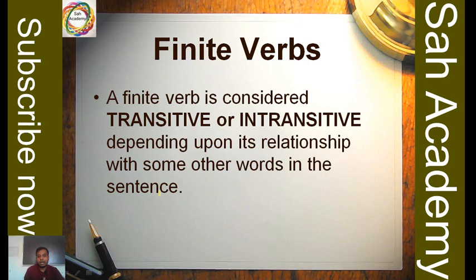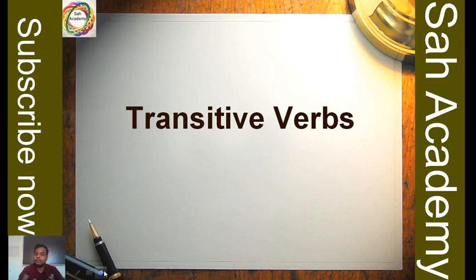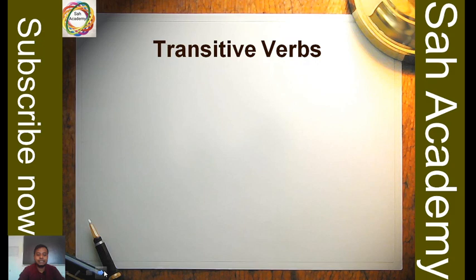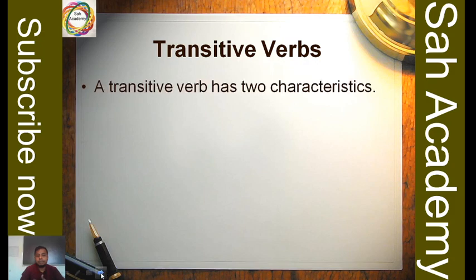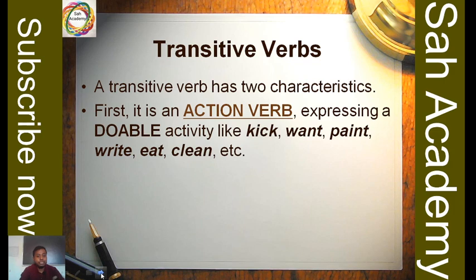Okay, so next, transitive verbs. A transitive verb has two characteristics. What are they? The first is it is an action verb, expressing a doable activity.